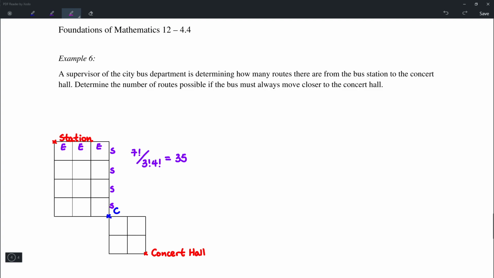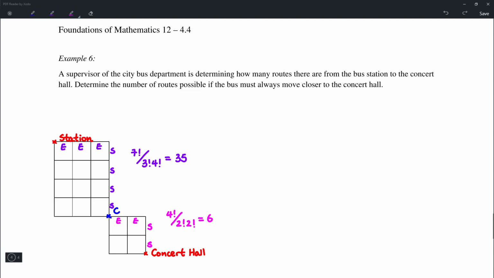In the second part, 2 blocks east, 2 blocks south, from point C to the concert hall, so that will be 4 factorial divided by 2 factorial, 2 factorial. And again, using a calculator, we'll get 6.